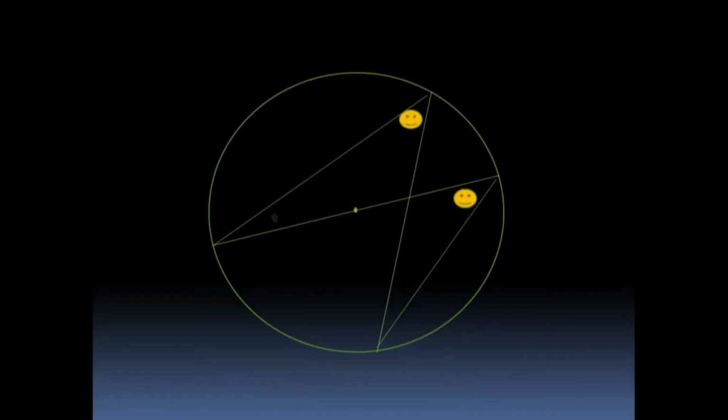So those two are equal, those two are equal. If I draw a chord here, then this segment down here, these two angles down in the same segment will be equal.